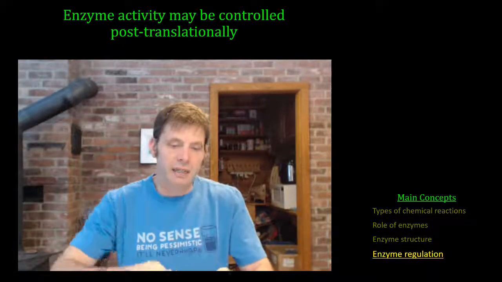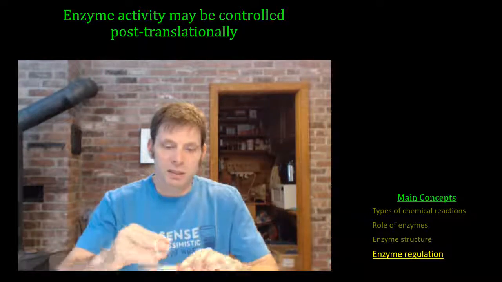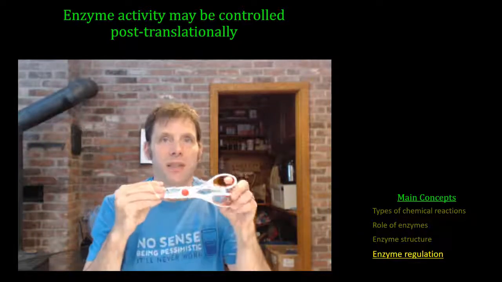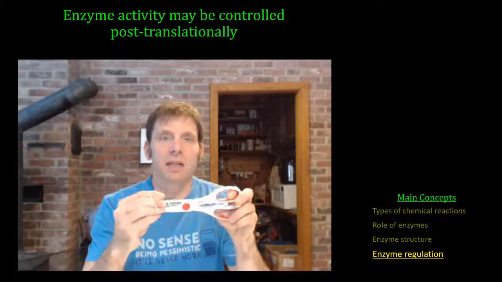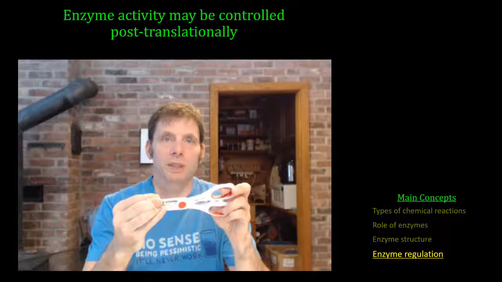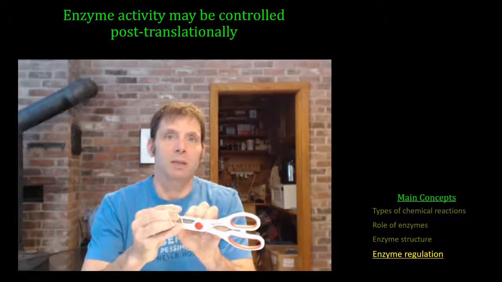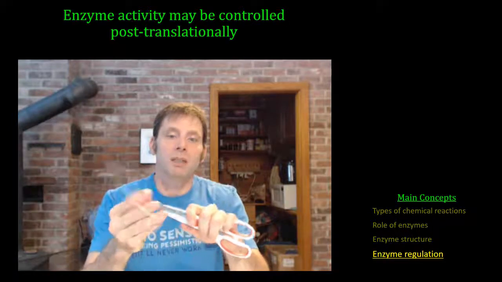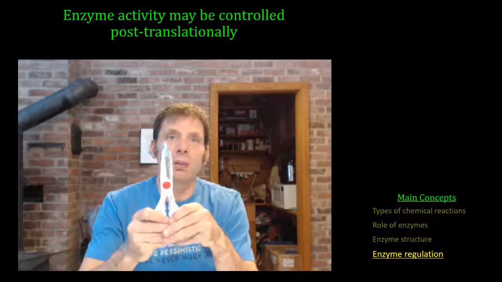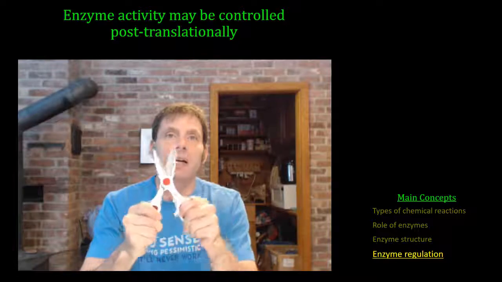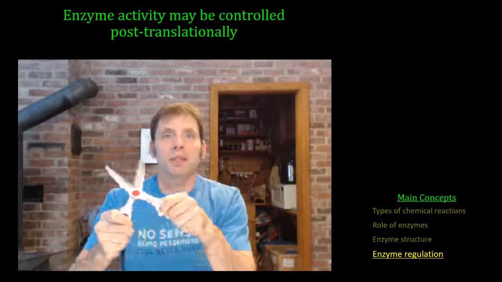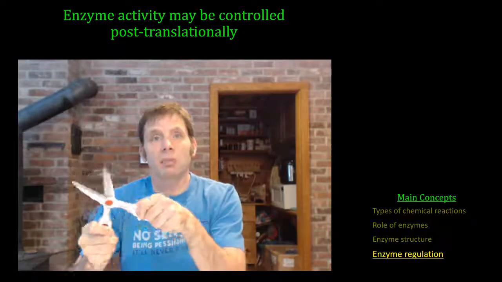And the reason it's inactive, it's a form called prothrombin, where the active site, like the active site in these scissors, is covered up by a piece of the protein. Now, when other enzymes are activated, a protease comes along and clips thrombin so that regulatory part of the protein is no longer there. And then the active site on thrombin is free to go around and clip more proteins and activate them.